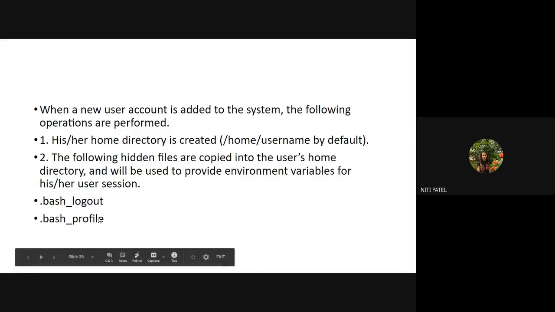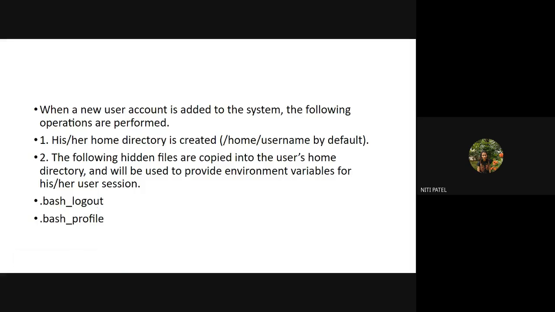It is hidden from other users, but accessible to the own user as well as to the root. What is the bash_logout file? All the login sessions of that particular user are stored in bash_logout. Both files are hidden from the other users of the system, but can be accessed by the root and by the own user.